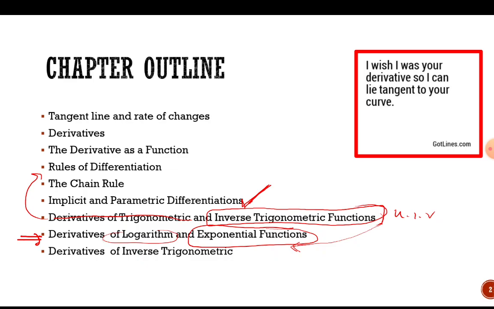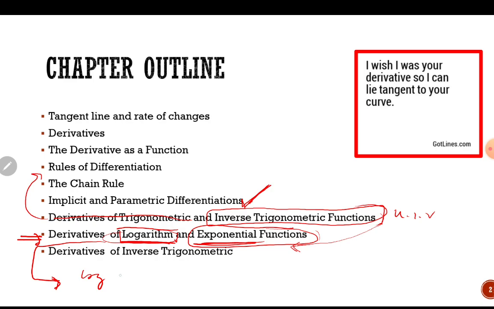Now I'm not sure, so hopefully everyone is no more in the dark of trigo functions. You already got some enlightenment. For logarithmic and exponential functions, hopefully all of you already have some idea what logarithmic is. Log, you usually hear of log, right? Okay, we have logarithmic functions.